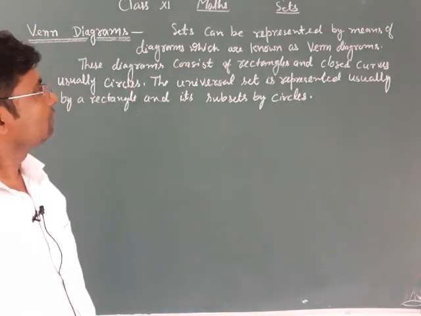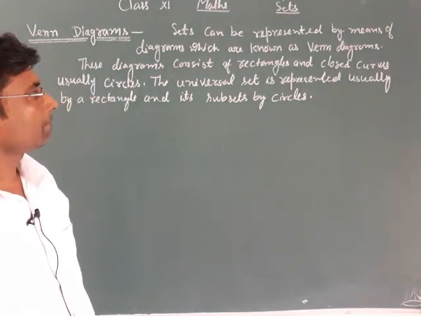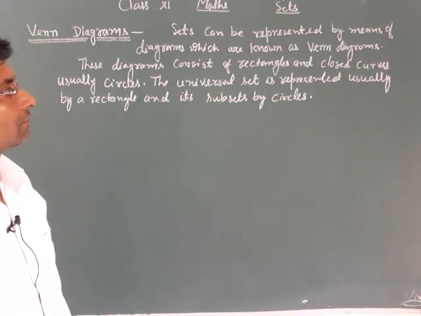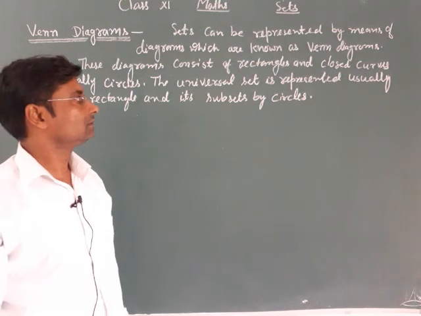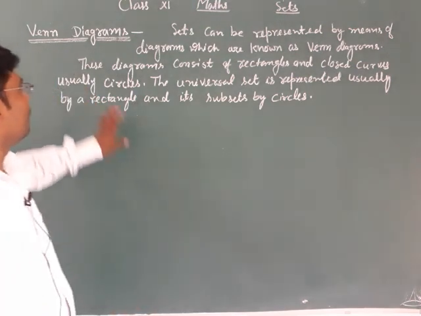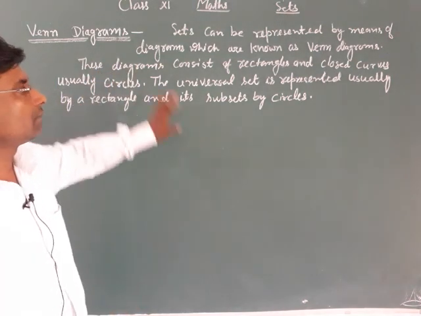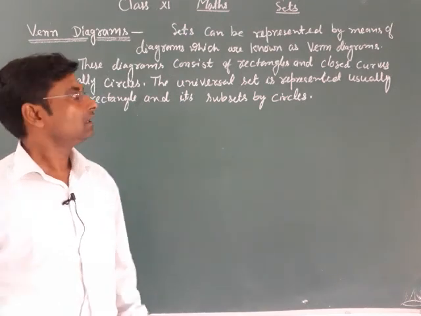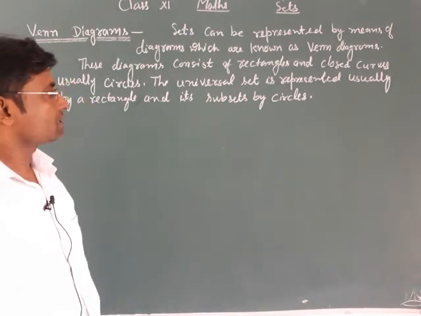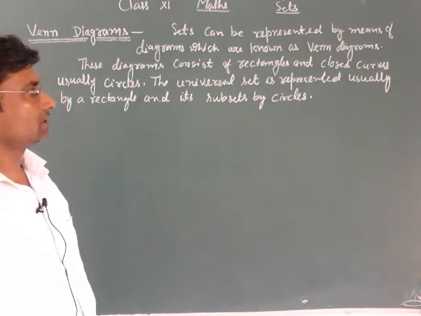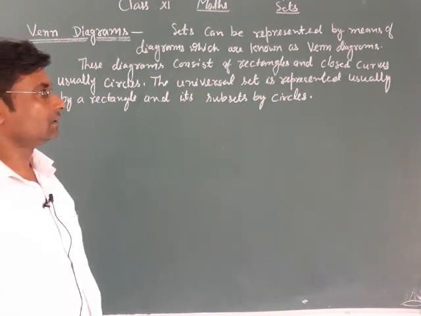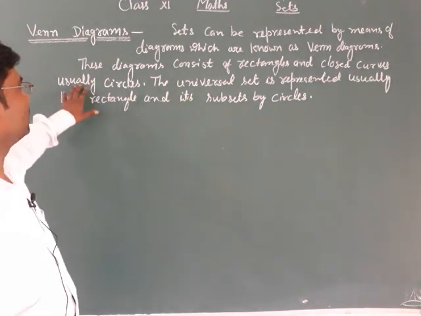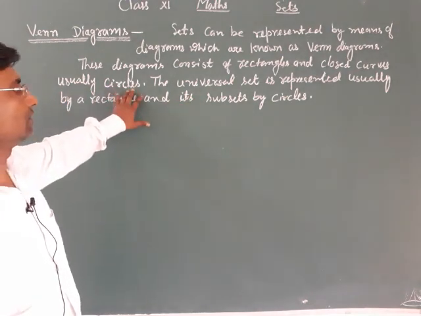It was invented by the British mathematician John Venn. These diagrams consist of a rectangle, called the universal set, and closed curves, usually circles.